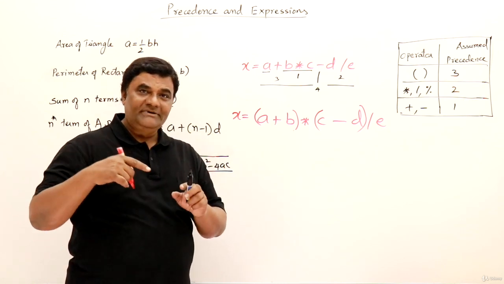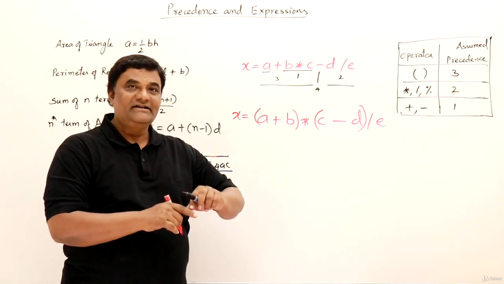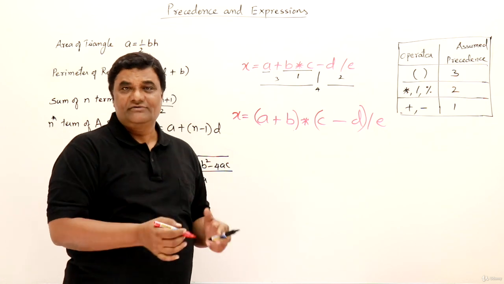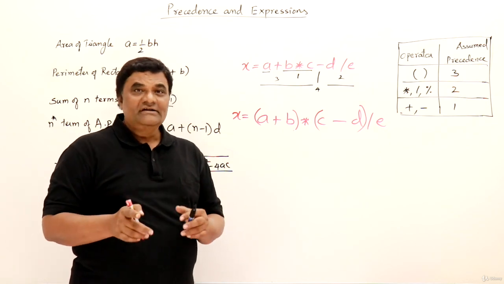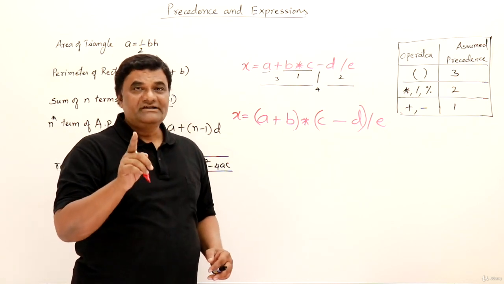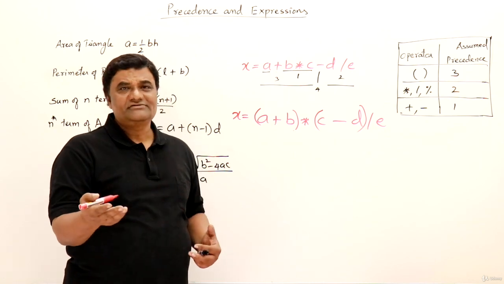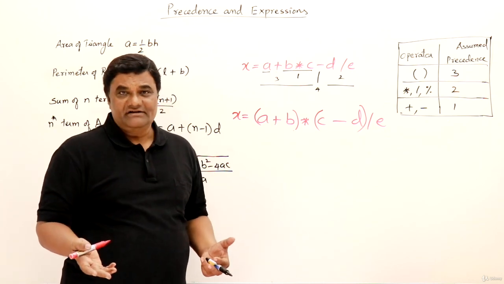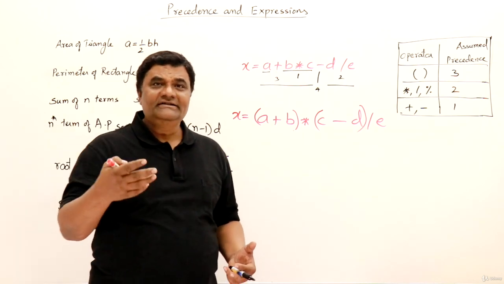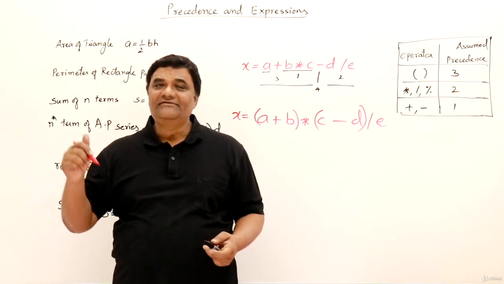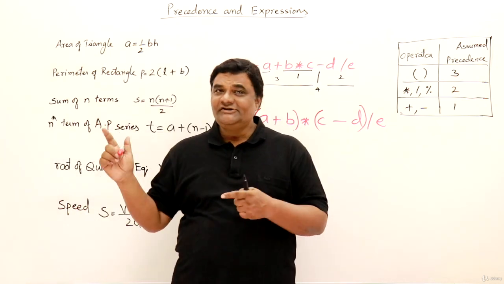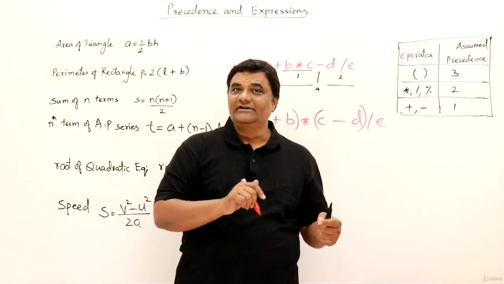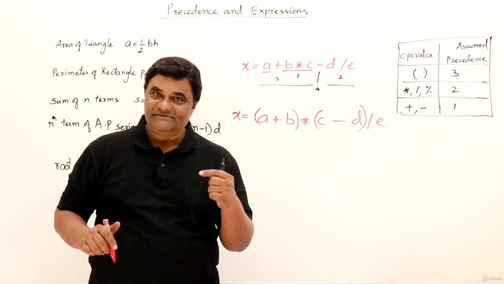If you know the precedence and you want them to be executed according to precedence, it's okay. If you want to change it, then you can change it by imposing brackets. This is there in mathematics also, the same thing is used here. Now, for practicing this, I have taken some formulas. I will show you how to convert these formulas into expressions of a C++ program.